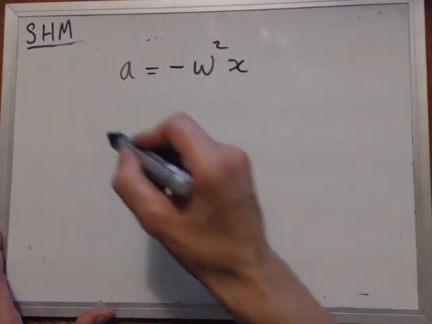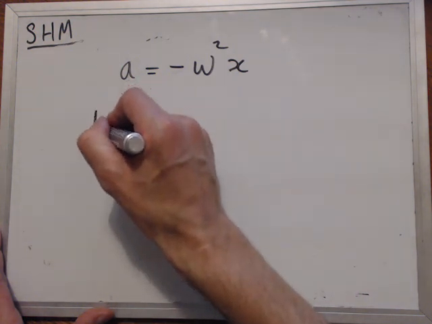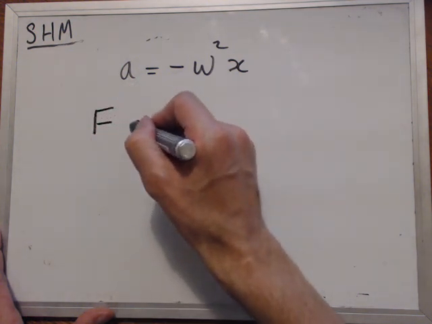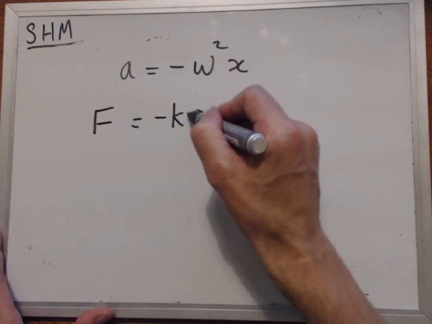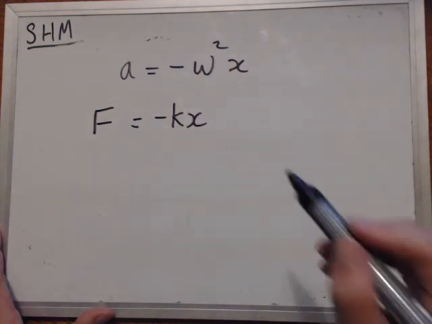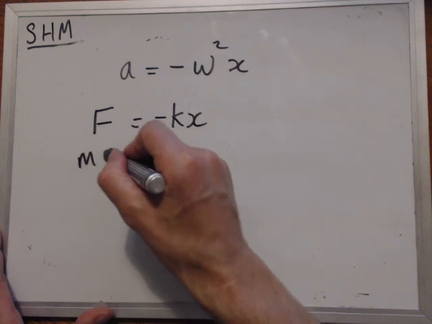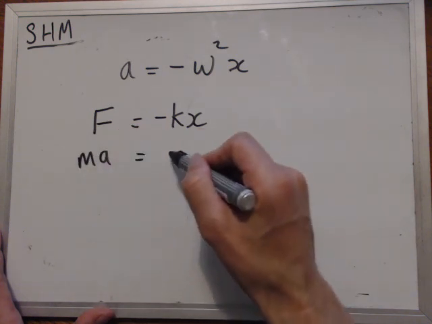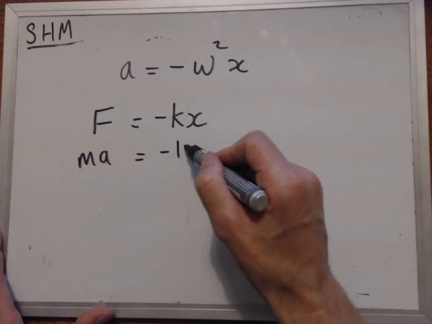Now, from the first video on simple harmonic motion, we said that the force is equal to minus kx. This is what is required for simple harmonic motion. So we can write that as ma is equal to minus kx.